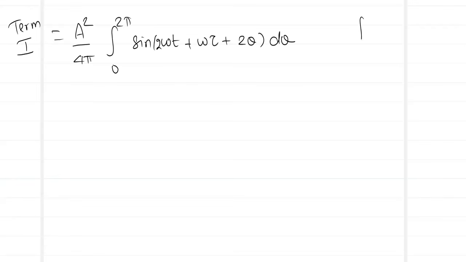Now we have to recollect the simple formula: integral of sine theta d theta is going to be equal to minus cos theta. And when I have sine 2 theta, it will be minus cos 2 theta divided by 2.